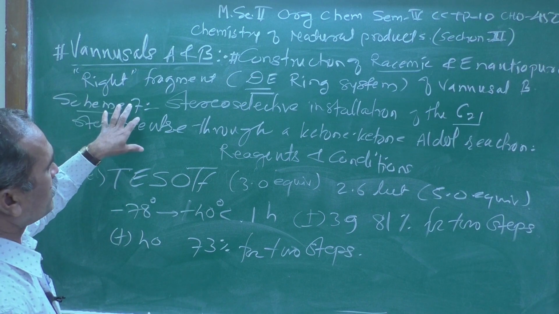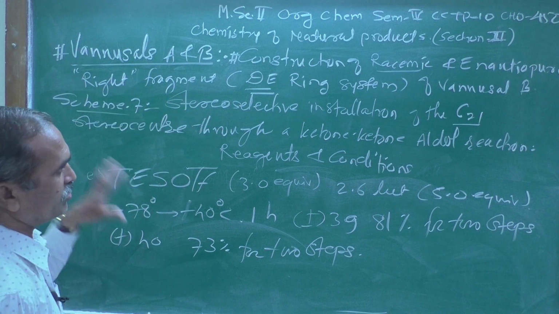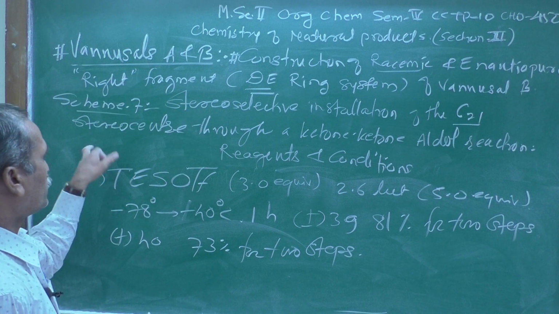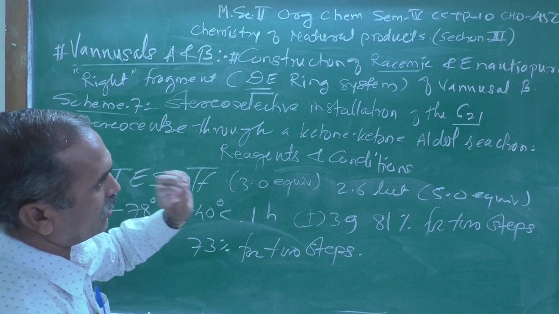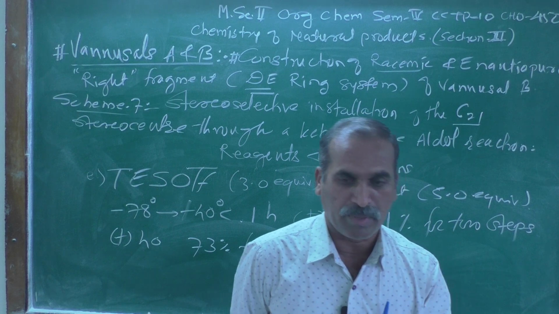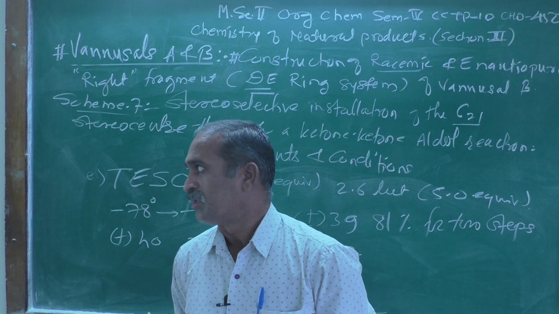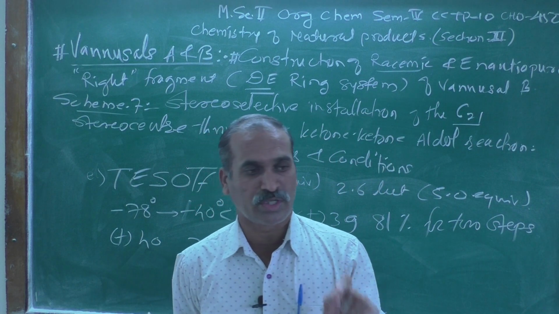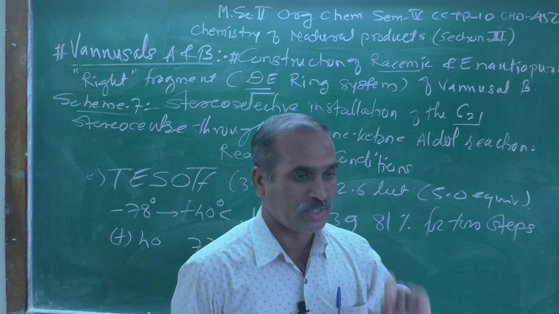In scheme number 7, stereoselective installation of the C21 stereo center was achieved through a ketone-ketone aldol reaction. The main point to remember here is the ketone-ketone aldol reaction.